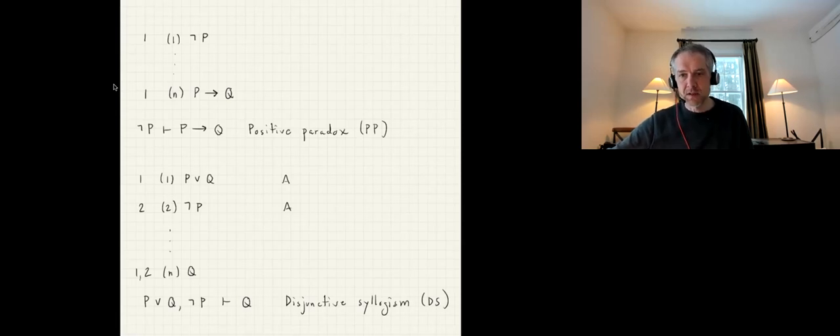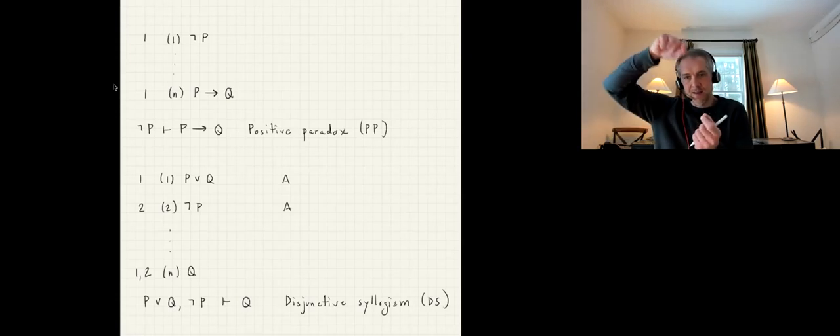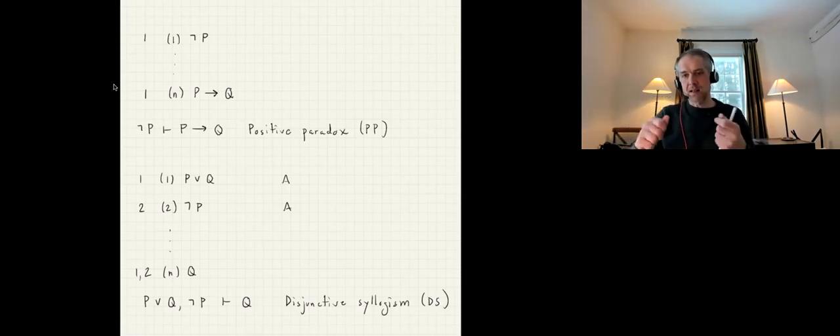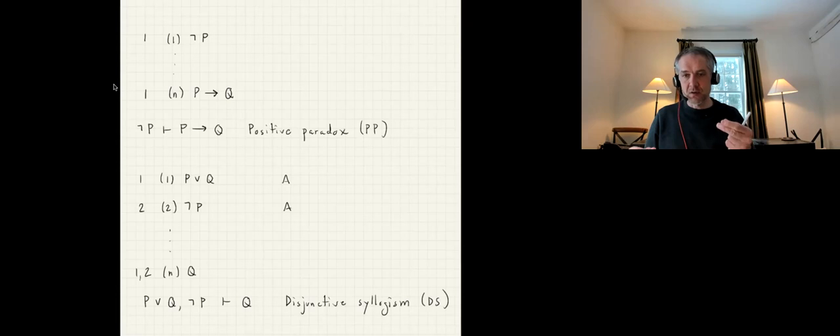The hypothetical syllogism rule says if you have two lines with conditionals, if the consequent of the first conditional matches the antecedent of the second, then you can write the conditional that connects the antecedent of the first to the consequent of the second. So sort of transitivity. Positive paradox says if you have a line with the negation of a sentence, then on a subsequent line, you can write a conditional with the negated thing as the antecedent, and anything whatsoever as the consequent; that's valid positive paradox.